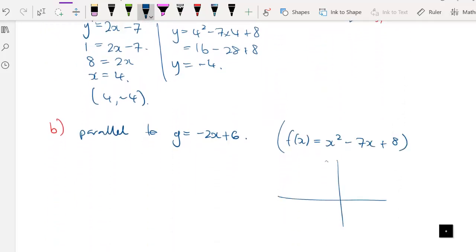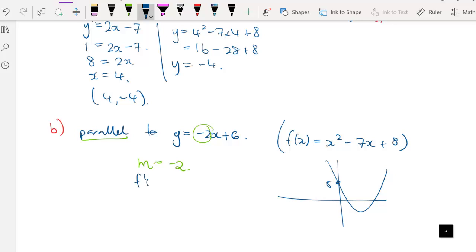It will look the same, but we're asking, when is that tangent parallel to this? Now the big thing is, what's important when we're parallel? And hopefully you can recall that when we're talking about parallel, then the gradient will be equal. So that means that the gradient will be equal to negative 2.